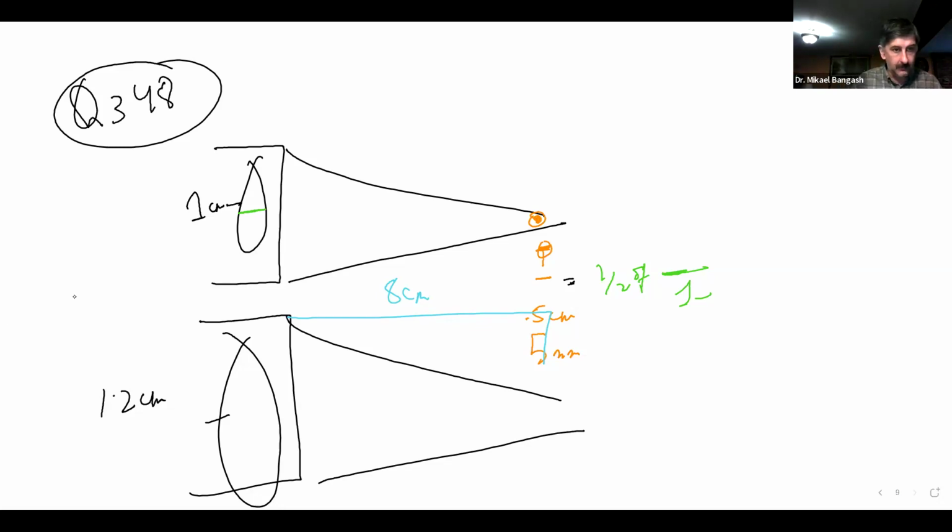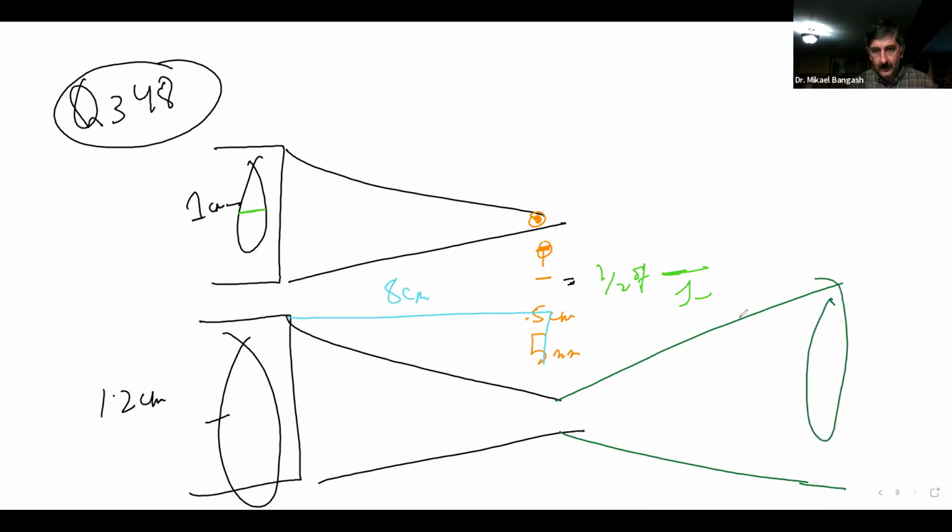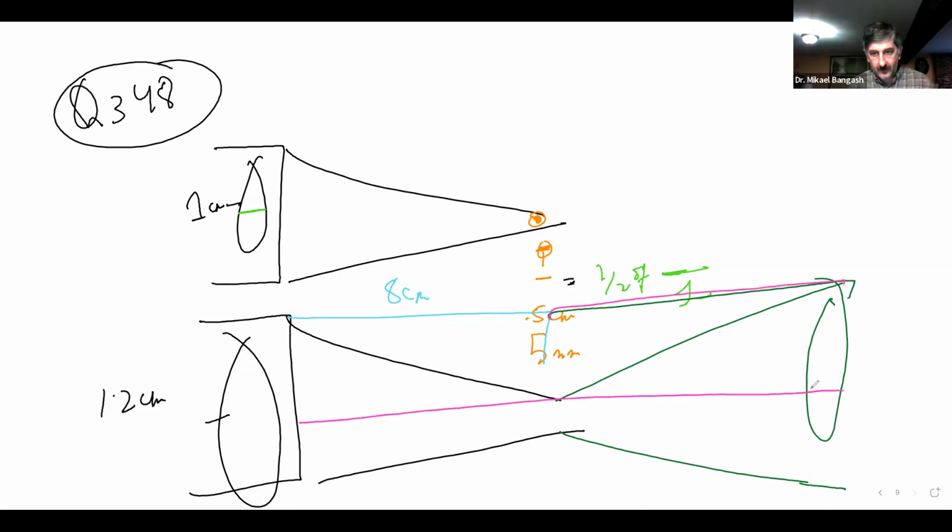So again, what they ask us is what's going to be the lateral resolution here, which is going to be at a total depth or total distance of 16 centimeters.